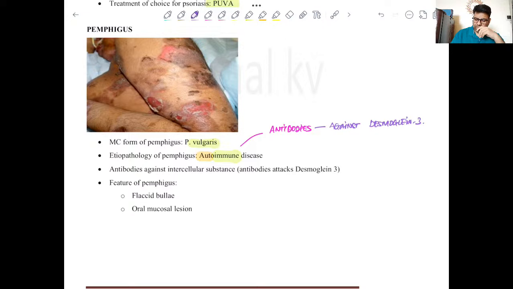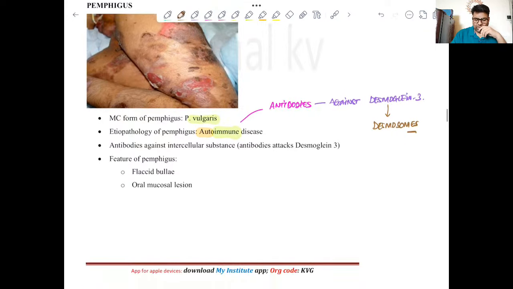Clear? This desmoglein 3 is present in desmosomes, and if you remember stratum spinosum, it is present in the stratum spinosum, where it keeps the epidermal cells together. Now if this is broken, the epidermal cells will move apart, and that is known as acantholysis.